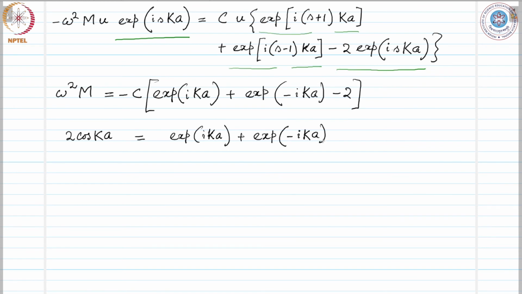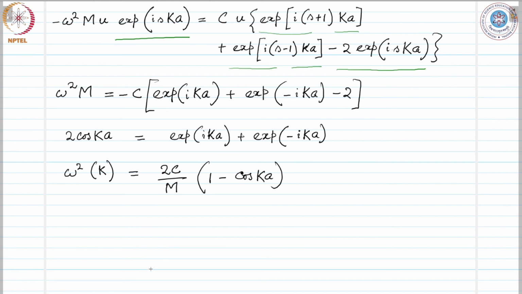If we make use of this on the above equation, we will obtain omega squared, which is a function of k, can be written as twice C over m times 1 minus cosine of Ka.